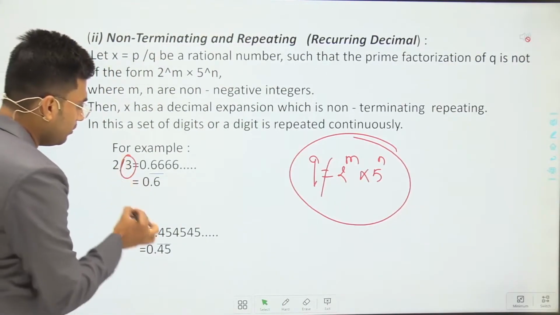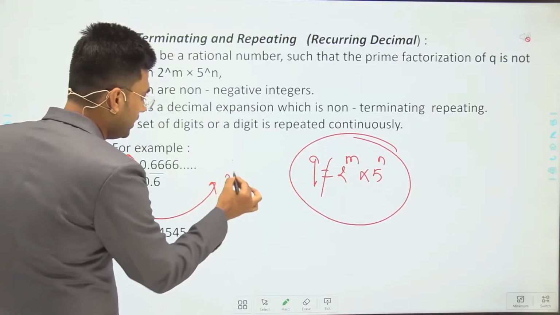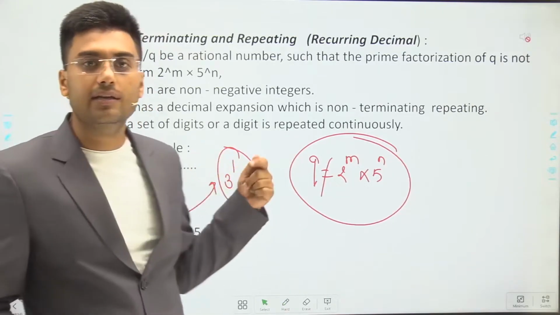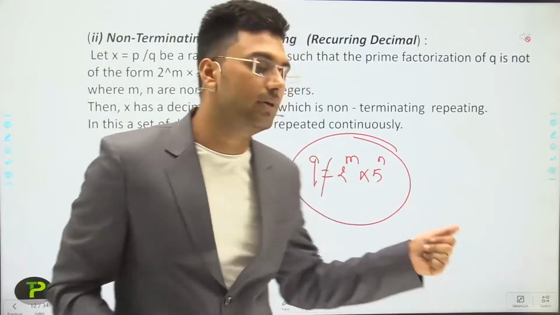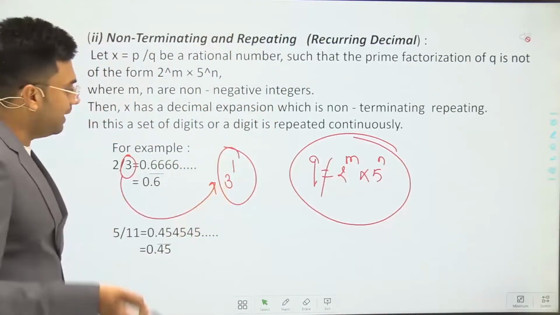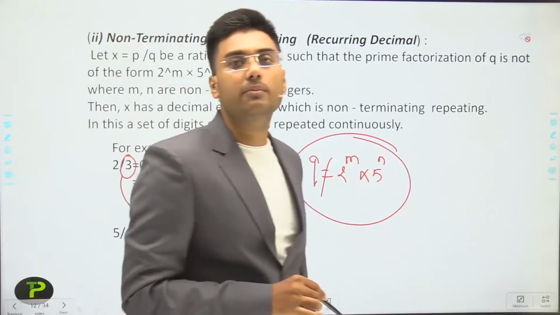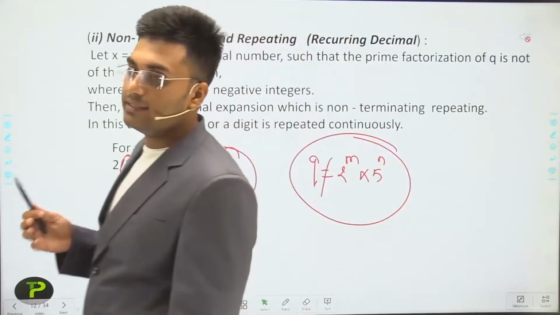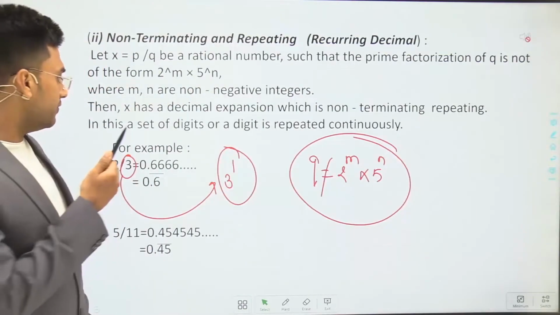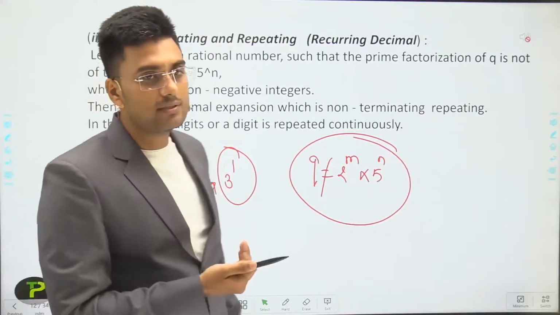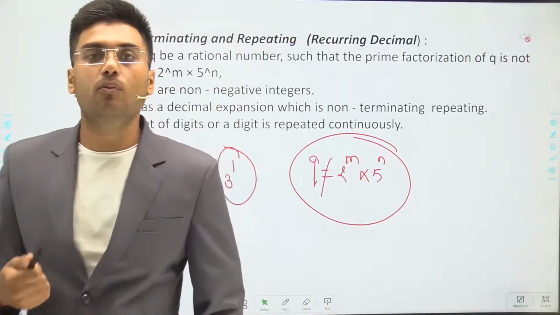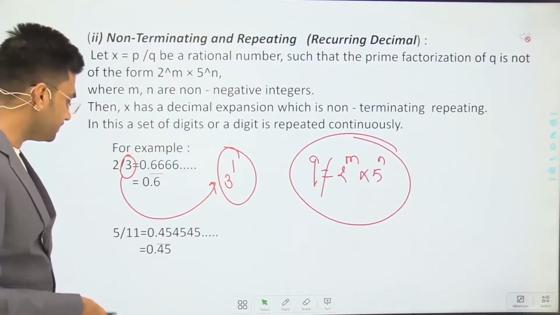Here the denominator is in the form of 3 power 1. There is no 5 or 2 in the denominator, so it is a non-terminating decimal. If you want the exact value of 1 by 3, then you have to divide it. But if you just want to know which type of decimal it represents, then you just check the form of the denominator.